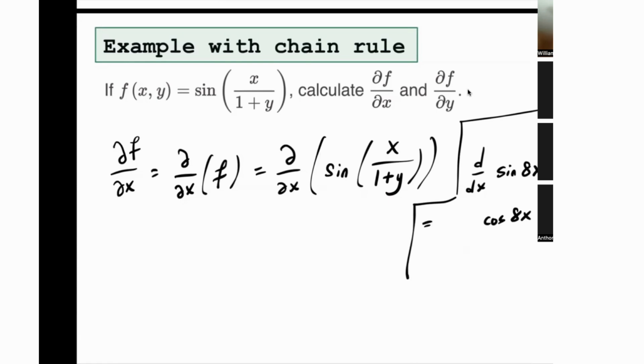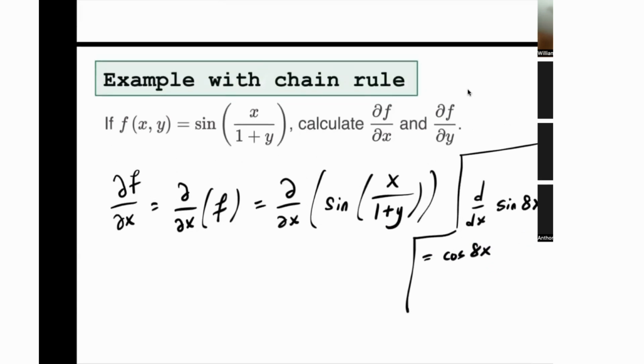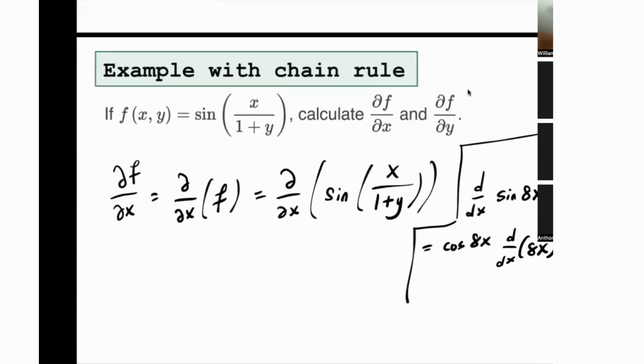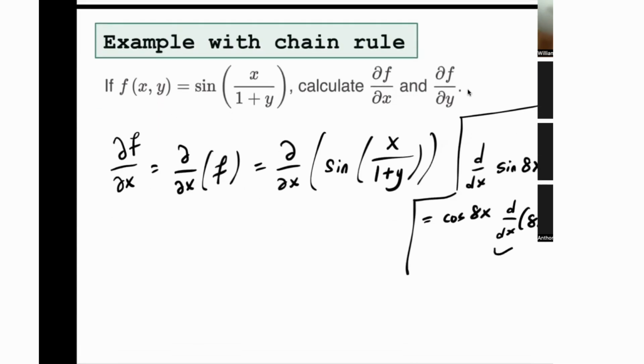Okay, so first you differentiate, sine goes to cosine, and then after that you can bring the d by dx inside by the chain rule. d by dx of 8x, which here we get 8. So the final result being 8 cosine 8x.